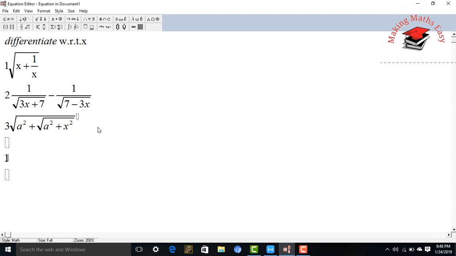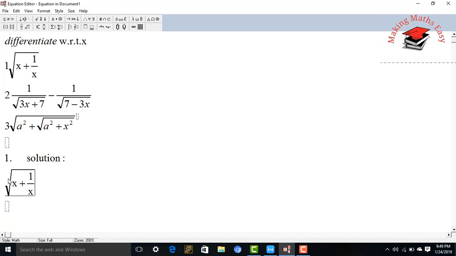First, we are going to solve this problem, and we have to differentiate it with respect to x. So the first problem is the square root of x plus 1 by x.